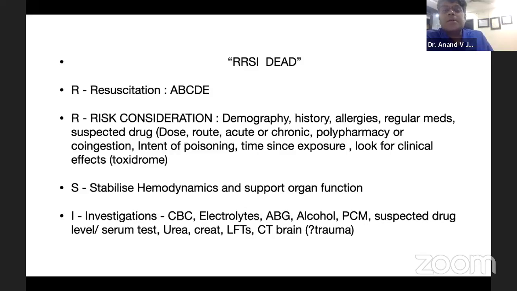Suppose a patient comes in cardiac arrest and you have a strong suspicion that this is a poisoning. Remember that when you start CPR, you should anticipate that any poisoning will have a half-life and will eventually get metabolized. So this person is likely to survive if he continues to perfuse his brain and his heart.